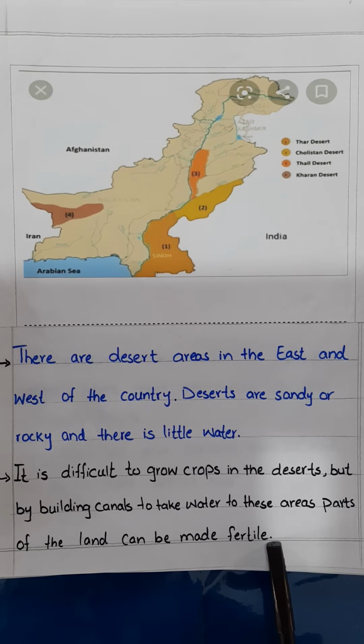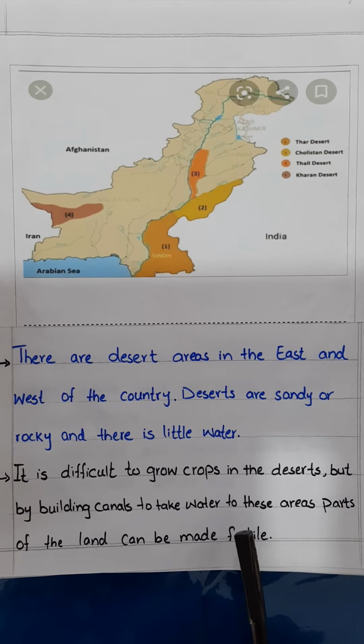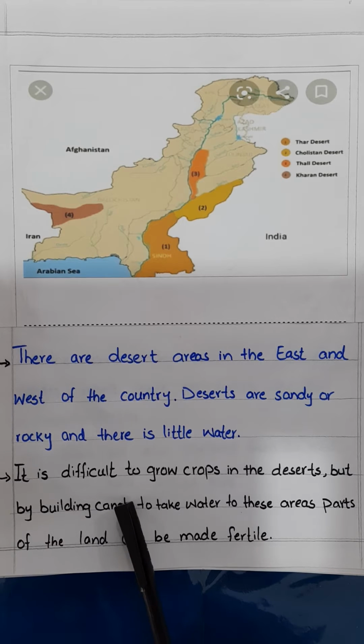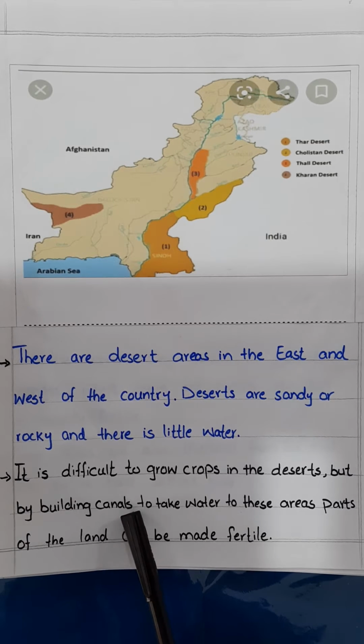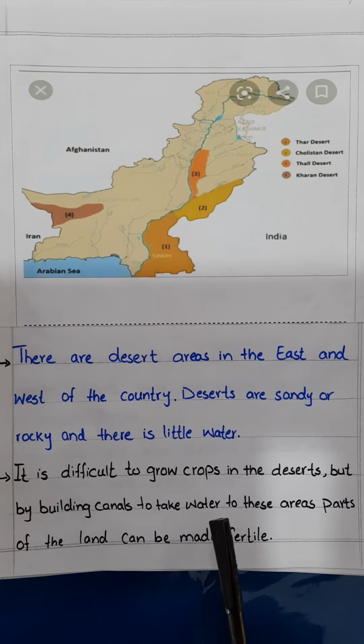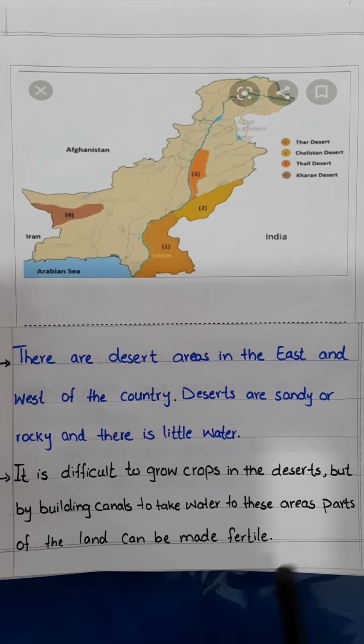How can we make parts of this land fertile? Because of canals. What are canals? Canals are artificial waterways. They are man-made, not natural.